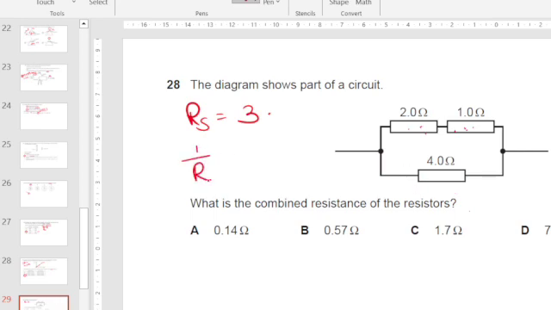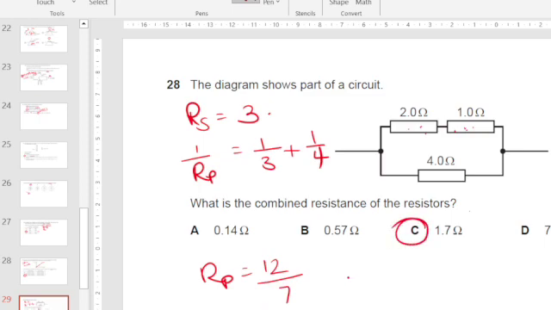So 1 by Rp will become 1 by 3 plus 1 by 4. When I solve this, it will be 4 plus 3 is 7 by 12. I can say Rp will become 12 by 7. So 12 by 7 is option C. 1.7 ohms is the correct option.